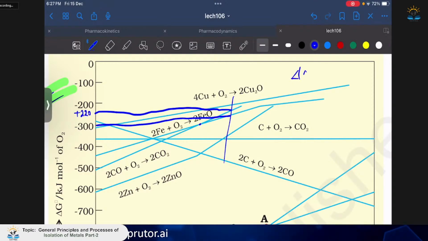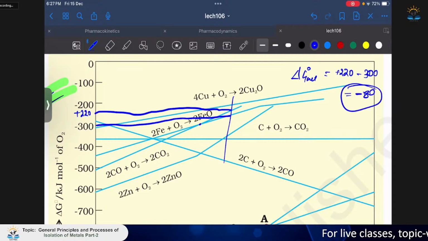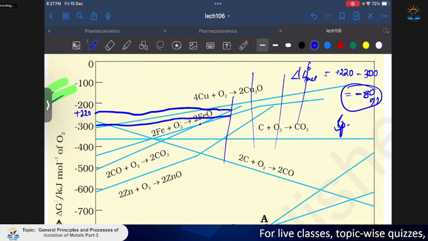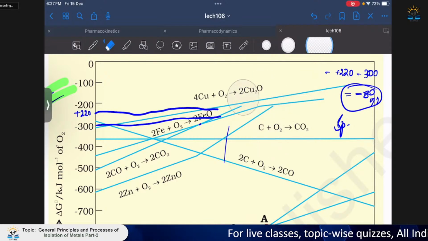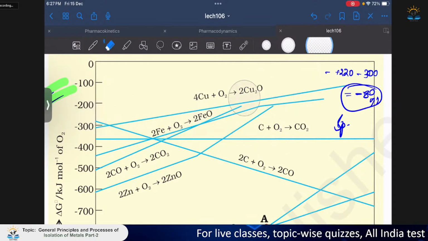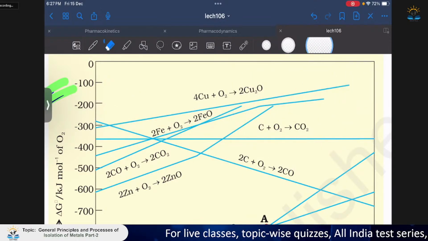So the net delta G naught will be plus 220 minus 300. That will be minus 80. So it is spontaneous. If you go to still higher temperatures, it will increase because the curves are separating from each other. Got it? That is how to use an Ellingham diagram, Ellingham curve, to predict spontaneity.